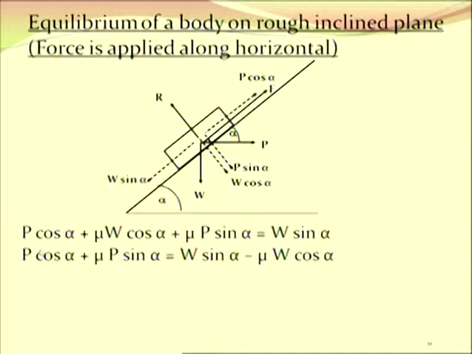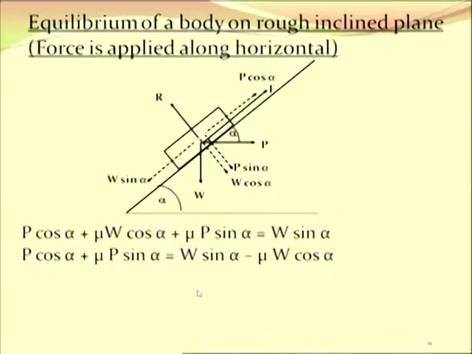So again, P cos alpha plus mu W cos alpha plus mu P sin alpha equals W sin alpha. Simplifying this, we put P terms on one side and W terms on the other side: P cos alpha plus mu P sin alpha equals W sin alpha minus mu W cos alpha.